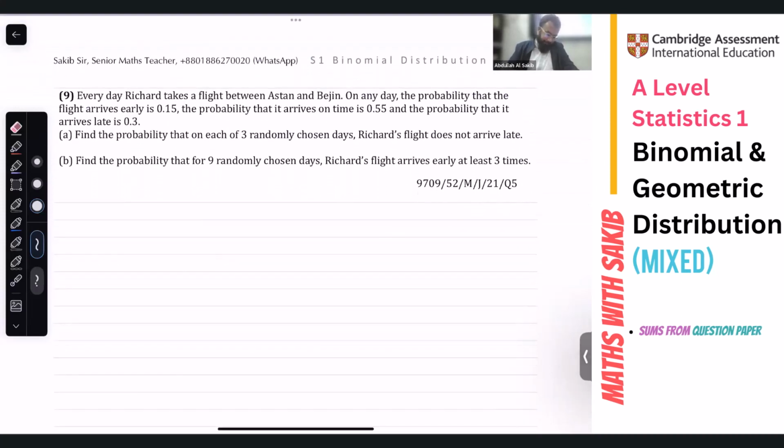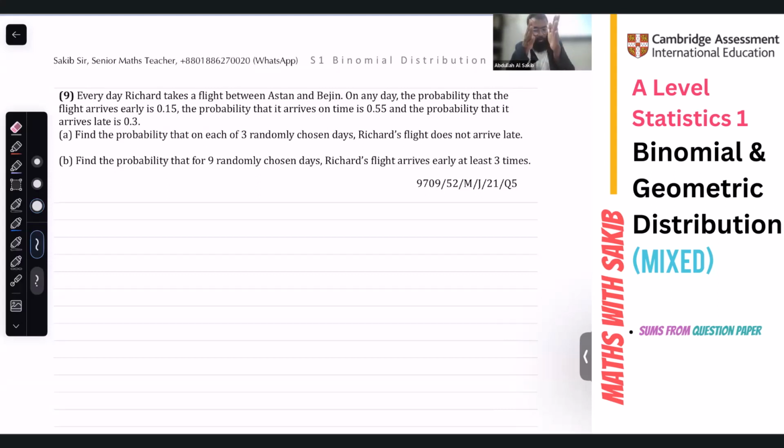Question number 9. Every day, Richard takes a flight between Aston and Beijing. On any day, the probability that the flight arrives early is 0.15, the probability that it arrives on time is 0.55, and the probability that it arrives late is 0.3.